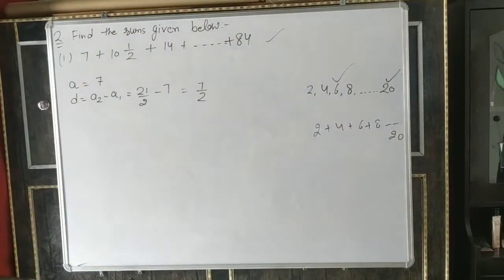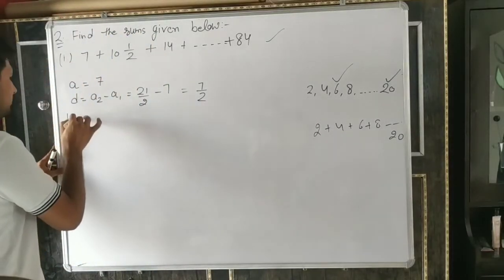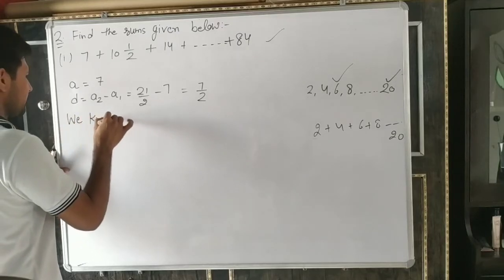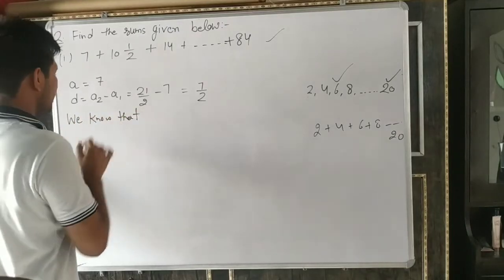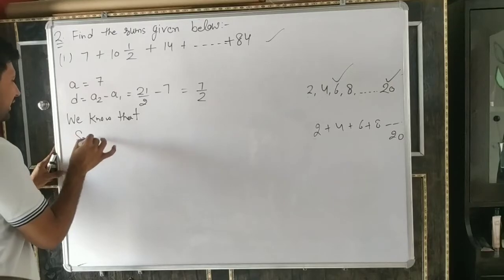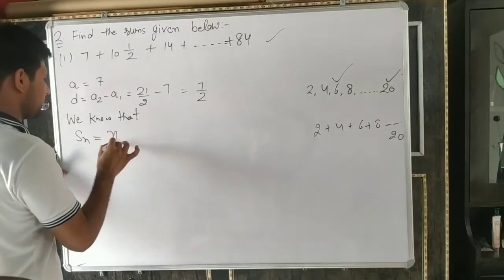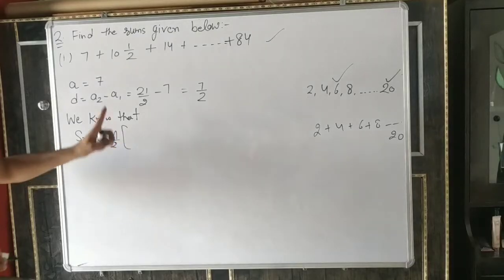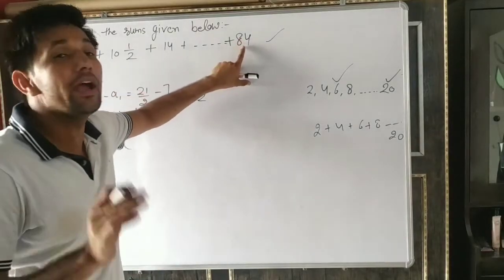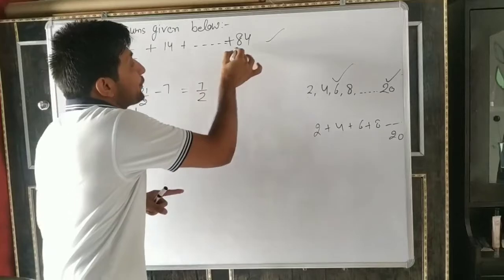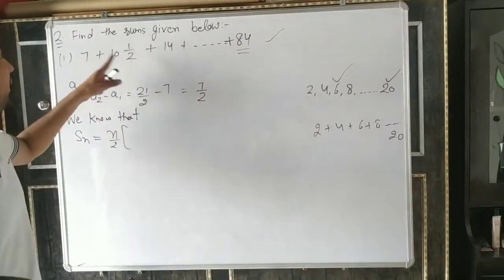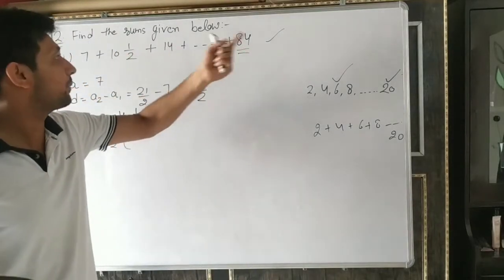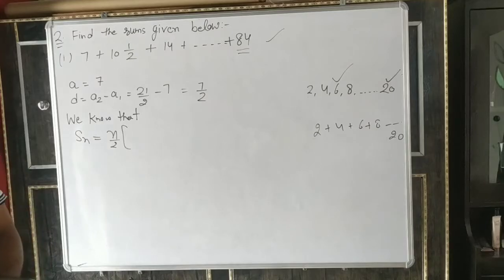So here which formula will we use? We know that Sn equal to n upon 2 (a plus l). And here it is already given that we have to find the sum up to 84. We don't know how many terms, 1, 2, up to 84.